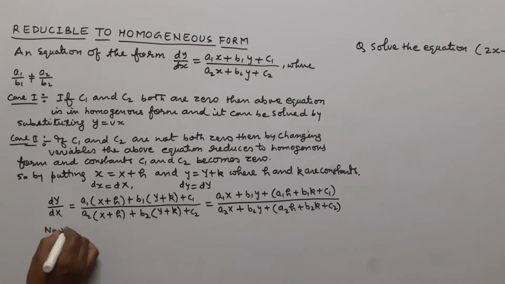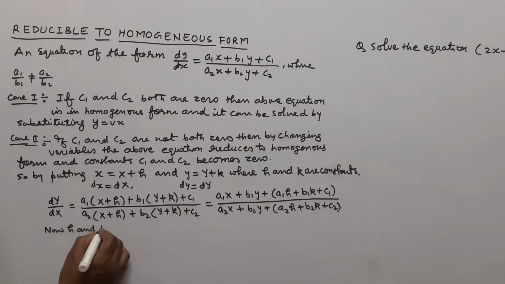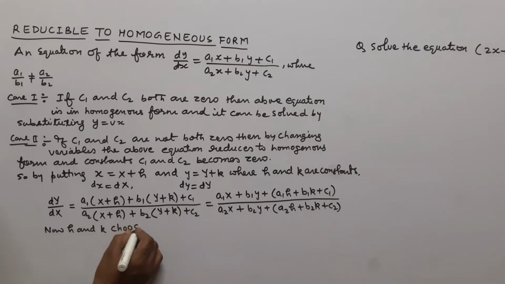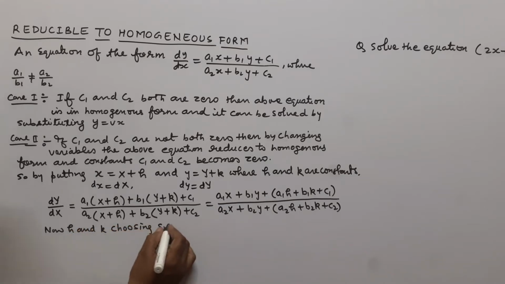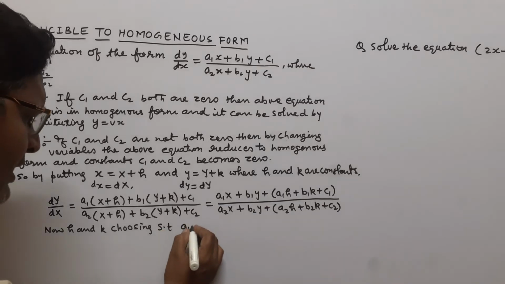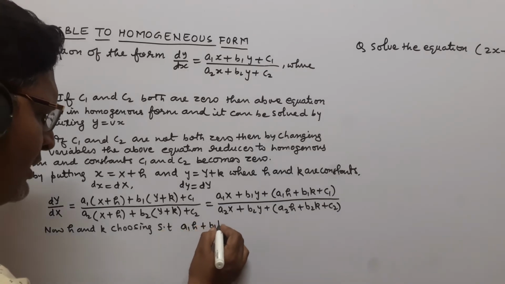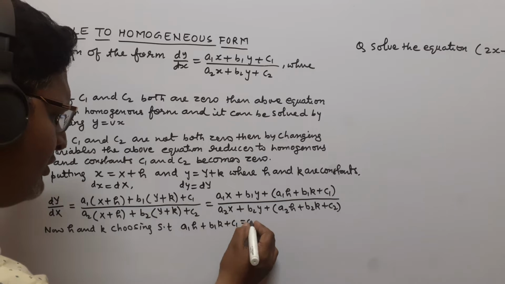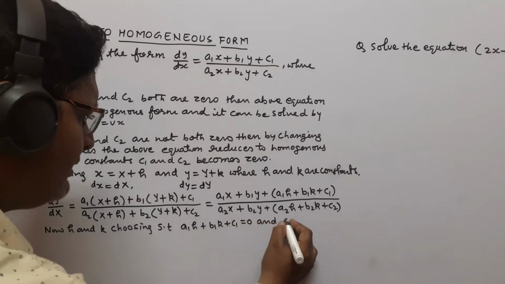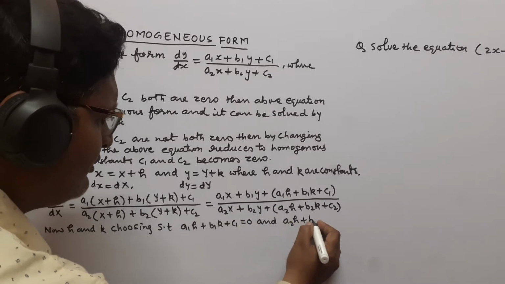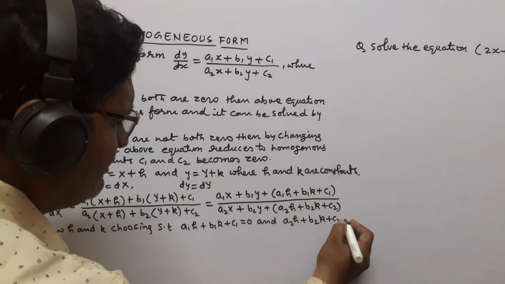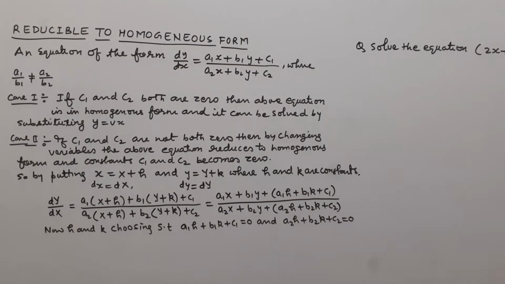Now h and k are chosen such that a1h plus b1k plus c1 is equal to 0 and a2h plus b2k plus c2 is equal to 0.